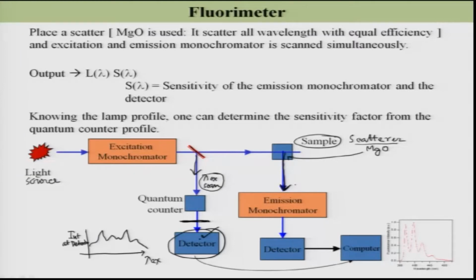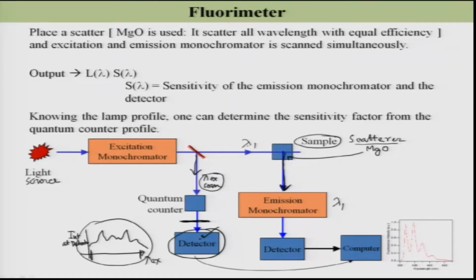That means, if I set the wavelength of excitation as lambda 1, I only get the signal in the detector when the emission monochromator is also set at lambda 1. So, in this case I will scan this wavelength region, that is my lambda excitation.